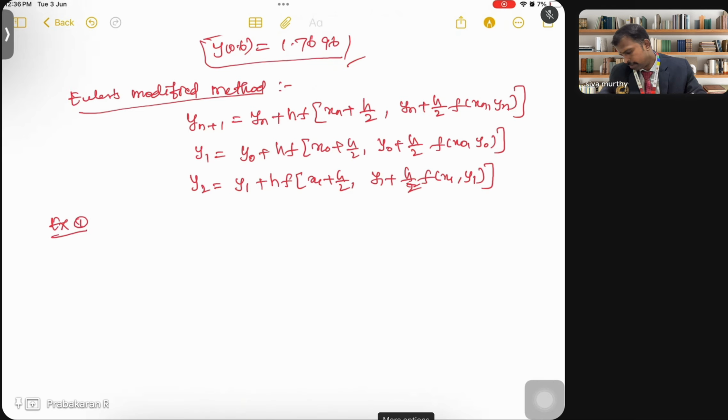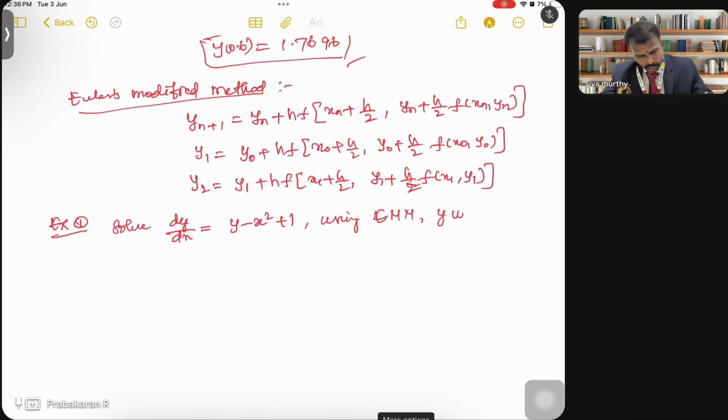I will solve here: solve dy by dx equals y minus x square plus 1, using Euler's modified method, find the value of y of 0.2 with the initial condition y of 0 equal to 0.5.